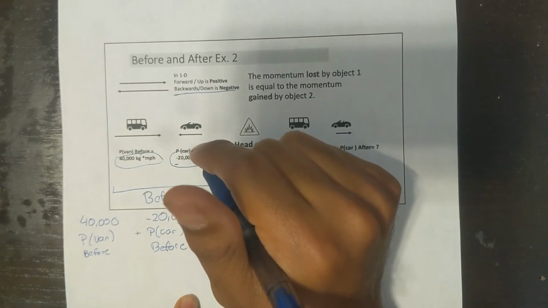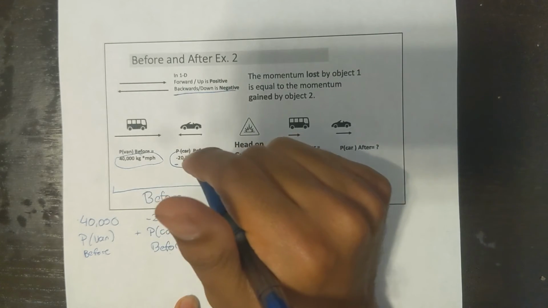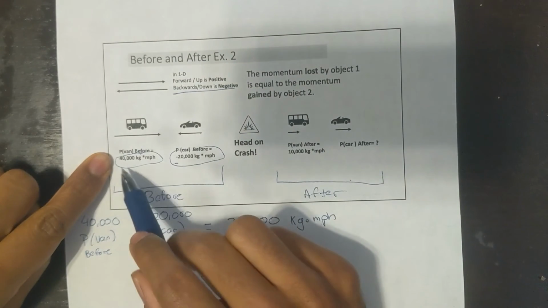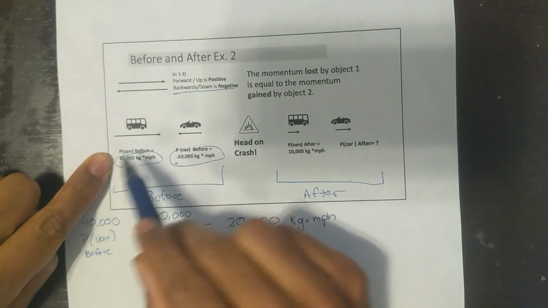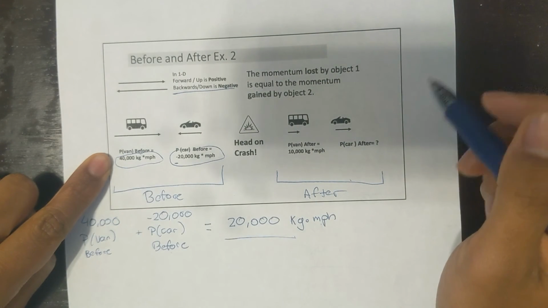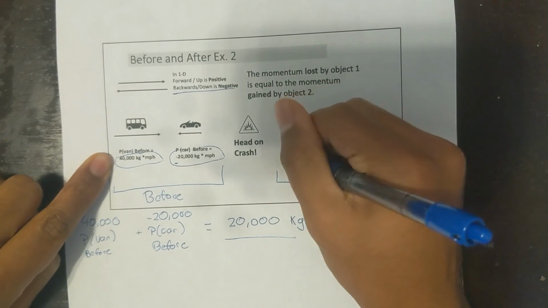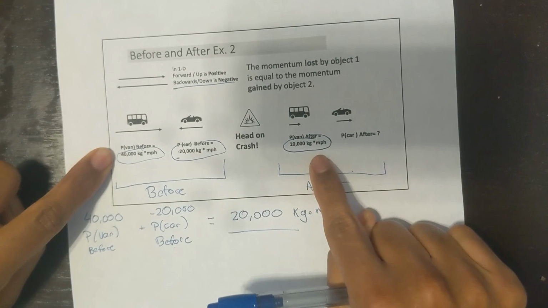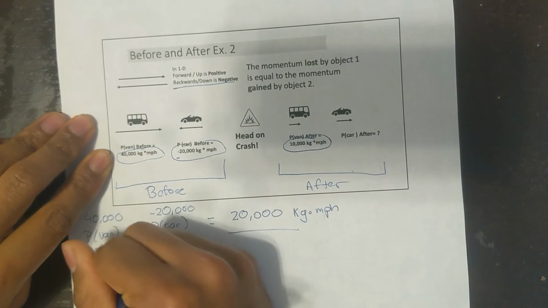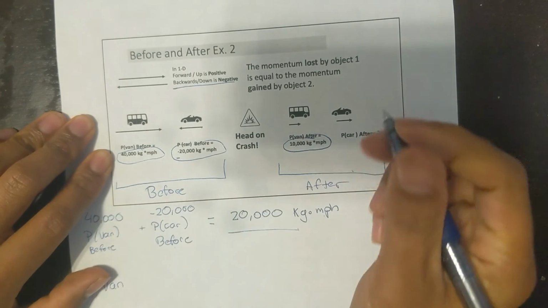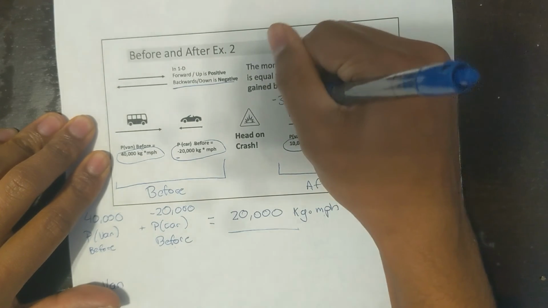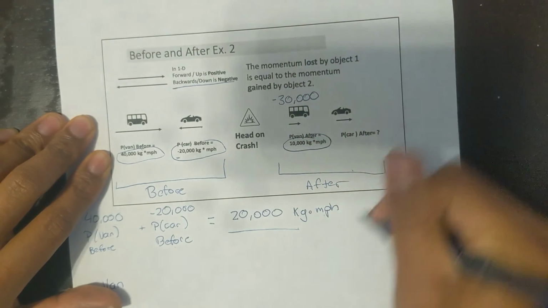So what happened to the van after the crash? Before it happened, it had 40,000 kilograms miles per hour of momentum. Afterward, that dropped down to 10,000, which means it lost 30,000 of momentum.